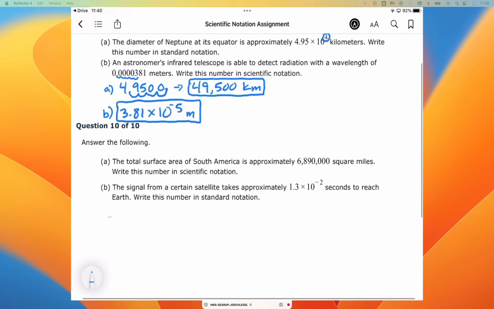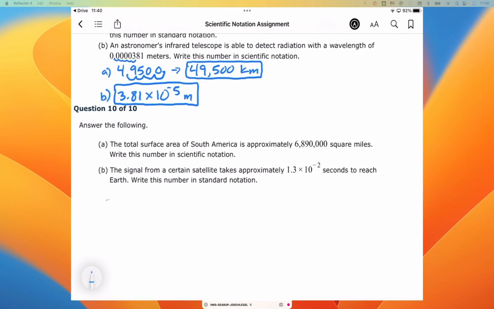On to number 10. The surface area of South America is approximately 6,890,000 square miles. Write this number in scientific notation. So we've got our decimal place right here. We would need to move that decimal 1, 2, 3, 4, 5, 6 places to get it to only have one number that is not 0 in front of the decimal.